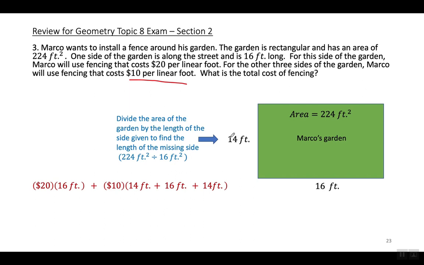We already know that this side is 14, so this side is also 14, and this side back here is the same as this one, so it's 16 feet. So it's $10 per foot for this side plus this side plus this side: 14 plus 16 plus 14. That's how you would set up the expression. When you use the distributive property and simplify it, the total cost of the fencing for Marco's garden is going to be $760.